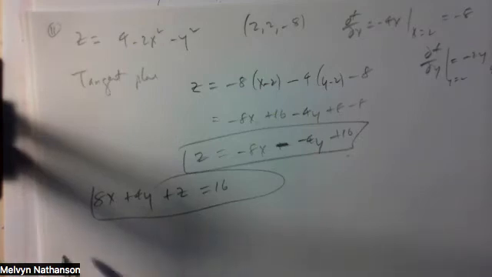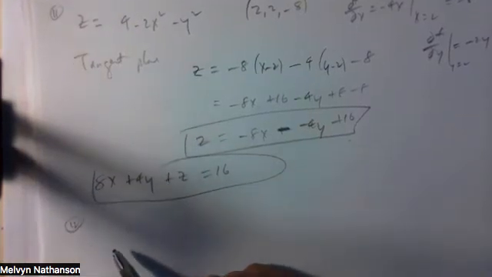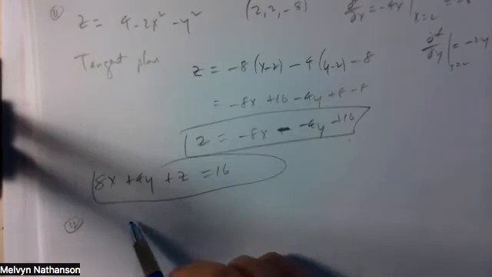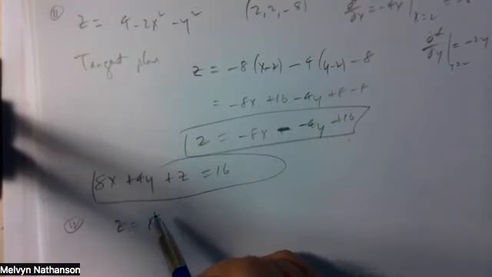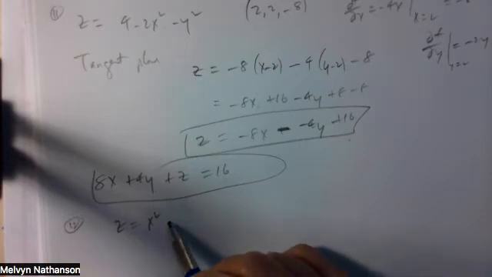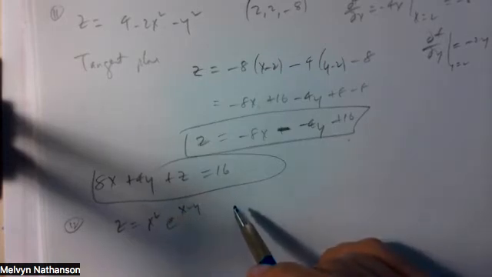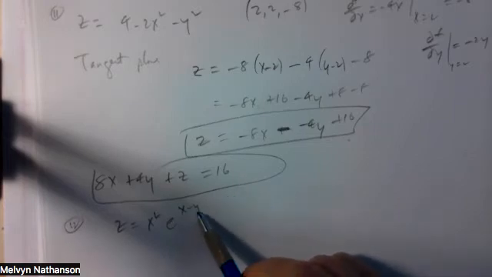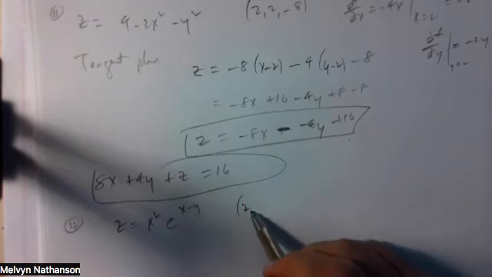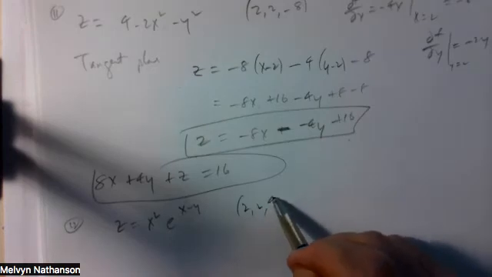And problem 12 is another problem to calculate the tangent plane. Here z is x squared e to the x minus y. And when x and y are both equal to 2, z is equal to 4.